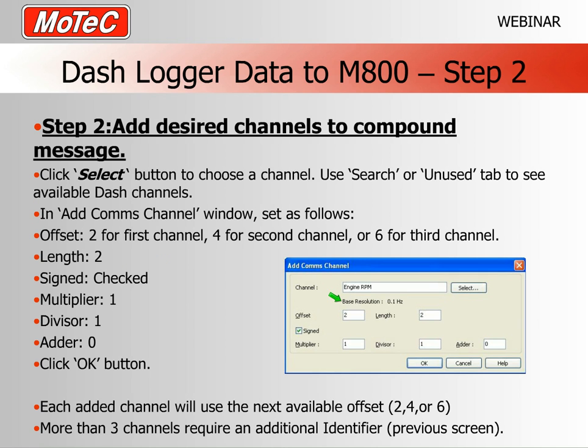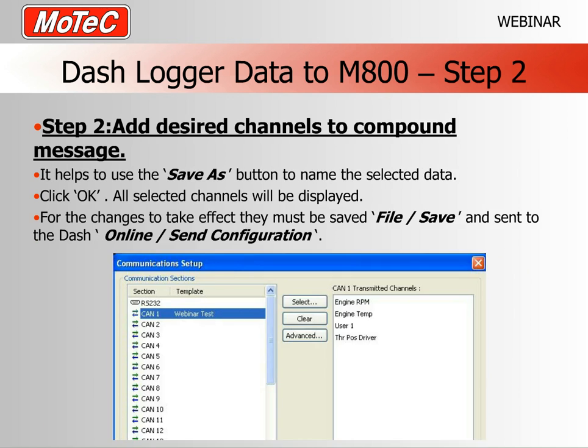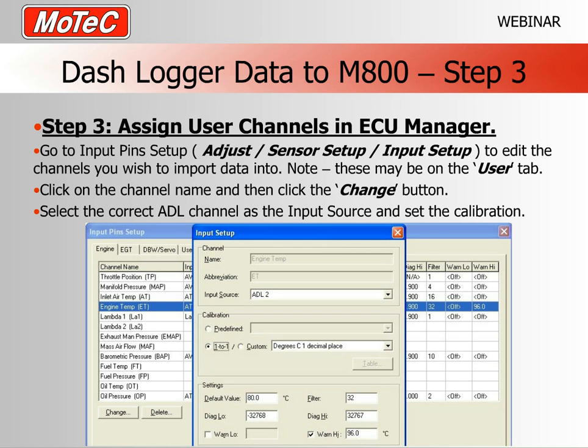Now, what we have right here is the base resolution, and you can see there that says 0.1 hertz. The other way to term this is to say it has 1 decimal place. So it's a number where it has a resolution of 1/10 of a hertz, and therefore it has 1 decimal place. So I'll just skip forward again to our other screen.